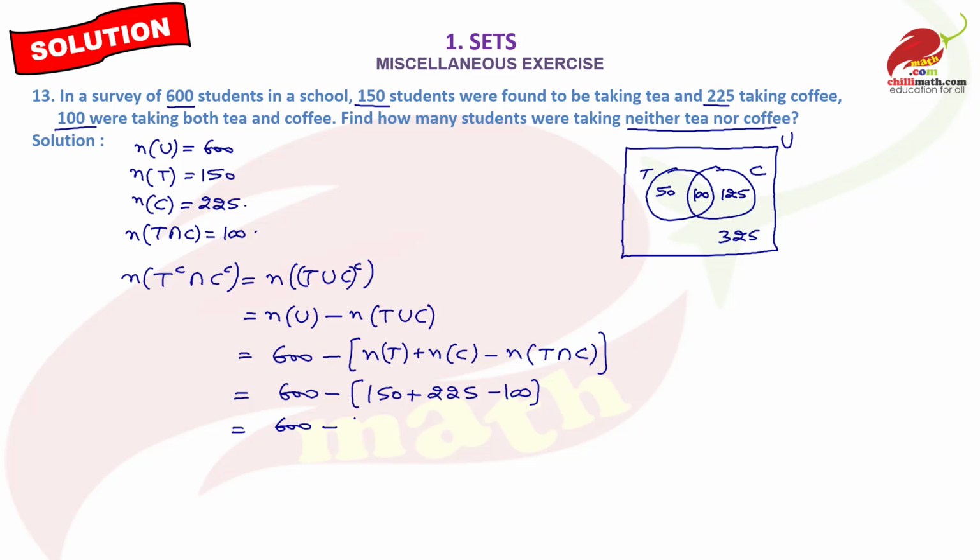So checking this, what we are getting, this is 275. So this is 325. So anyhow you can solve this sum either by using formula or by using Venn diagram.